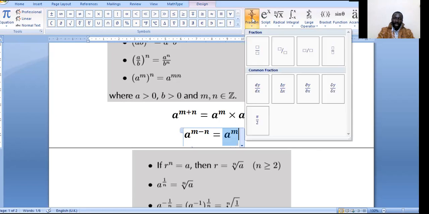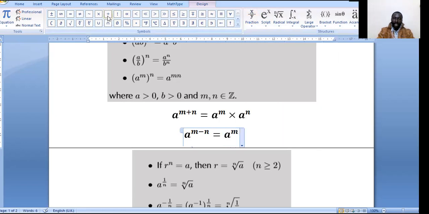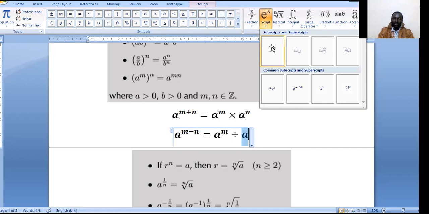We can use this sign of division, there isn't any problem with that.